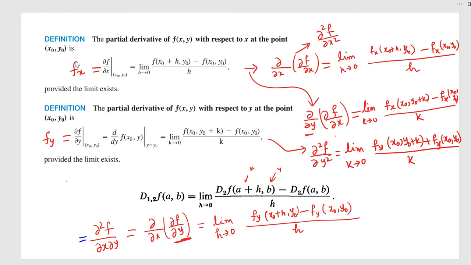So this again can be denoted as fxy, and here it can be defined as del to f del y del x. So this is also denoted as fyx, with the definition from the limit.